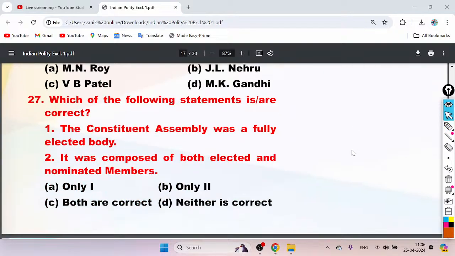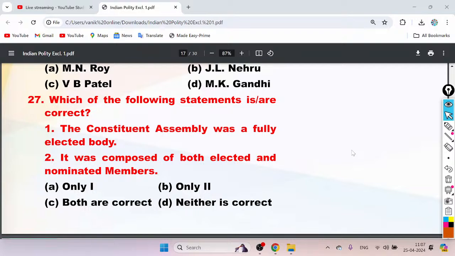Question number 27. Which of the following statements is correct? The Constituent Assembly was a fully elected body. No. It was an elected and nominated body. The members from the British India provinces were elected indirectly, and the members from the princely states were to be nominated.